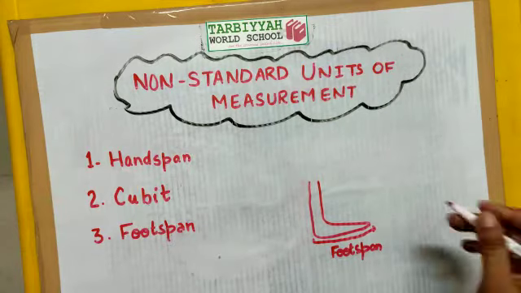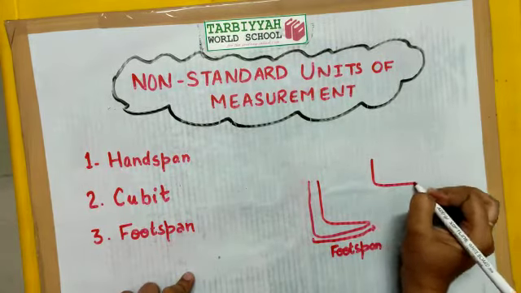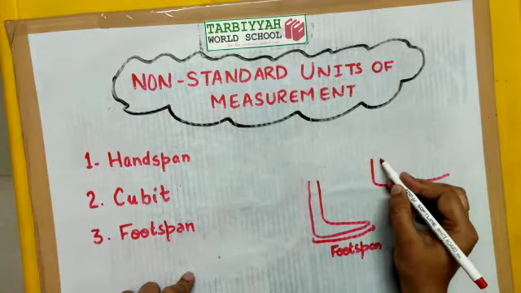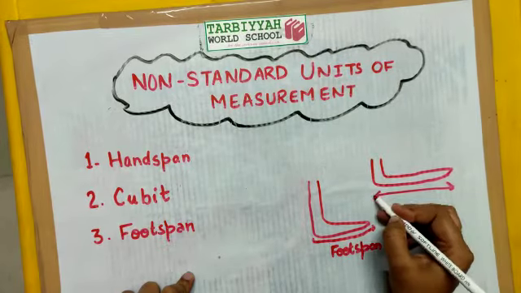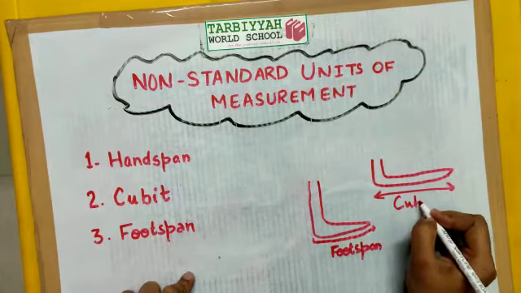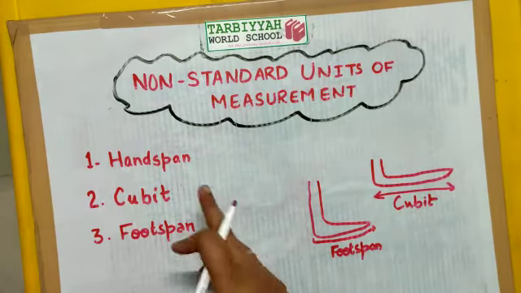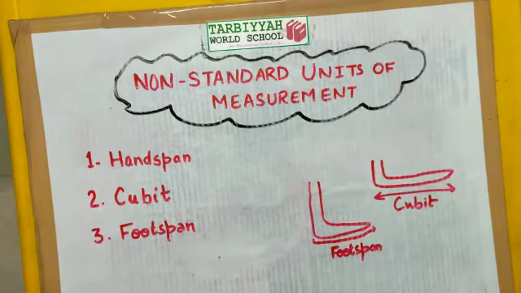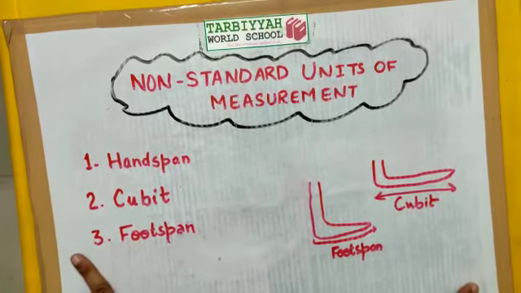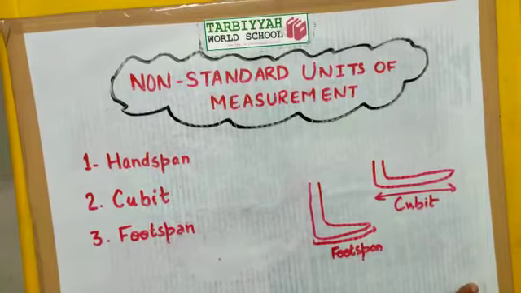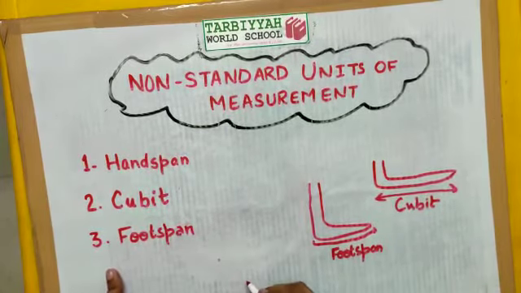And cubit, from the elbow to the tip of the middle finger, is known as cubit. Handspan, the distance from the tip of our little finger to the tip of our thumb, is handspan.